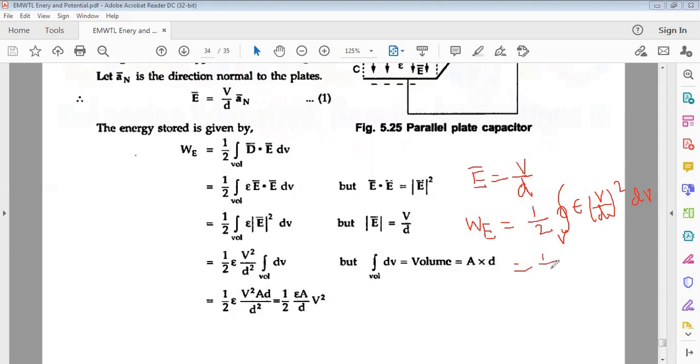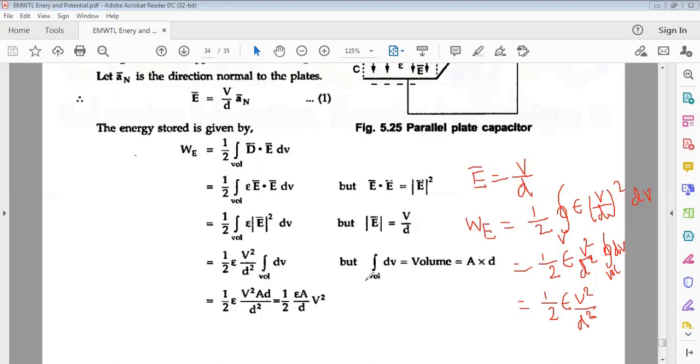So 1 by 2 epsilon V square by d square is a constant, and the volume integral of dv is the volume, which is A into d. Volume is equal to the area into the distance.